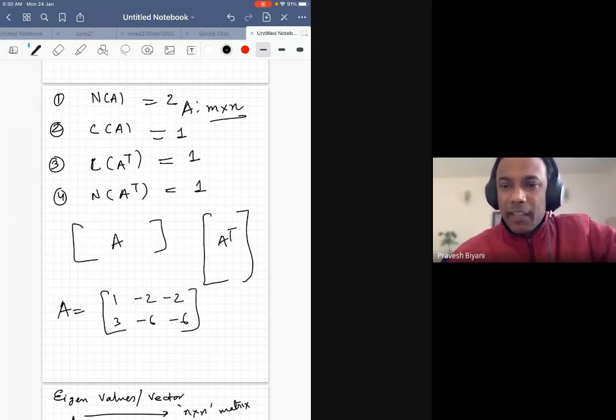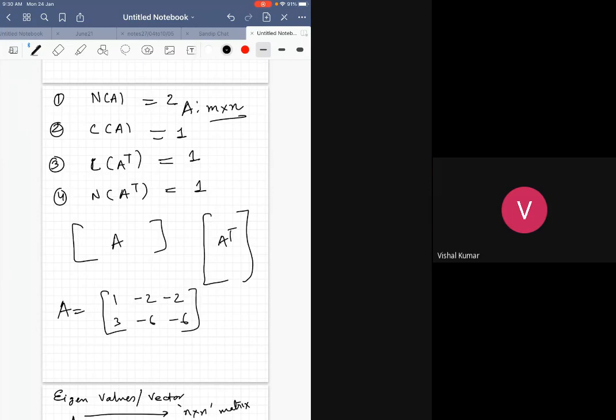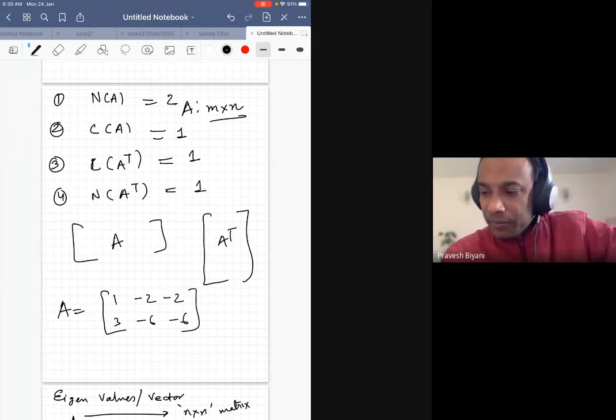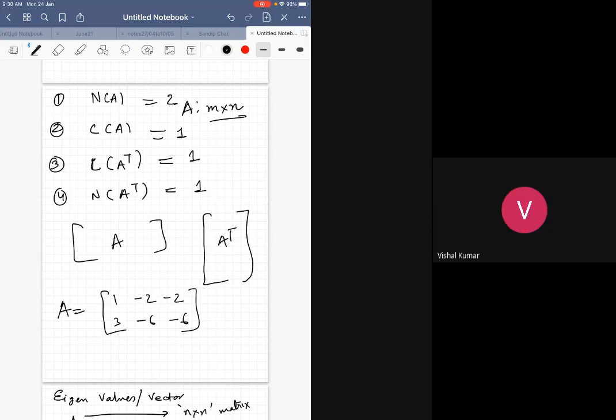Anybody else? Vishal Kumar? Yes, sir. Explain why is column space of A transpose 1? Sir, we'll take the transpose of A and then find the row echelon form to get the rank. Okay.